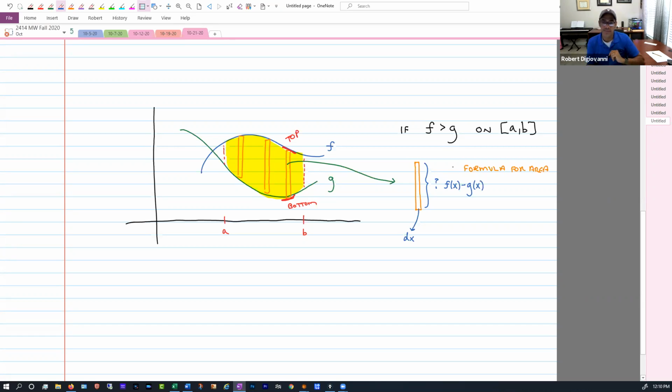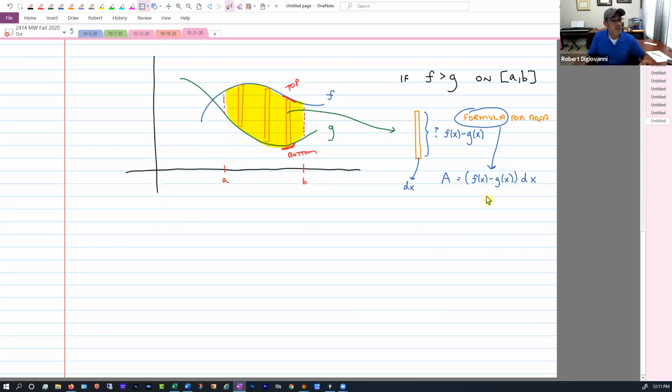That's our height. So the formula for the area of a single slice, a single rectangle, should be f of x minus g of x, that's your height, times dx. So that's the area of a single little piece.